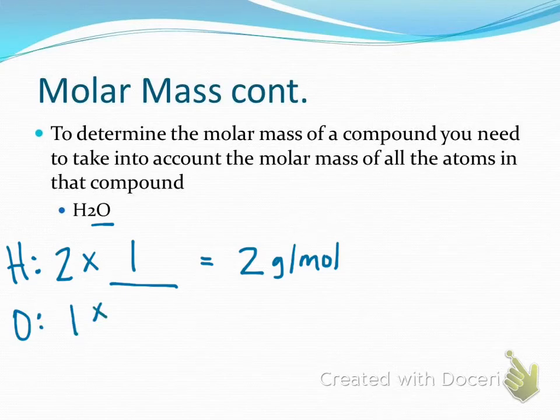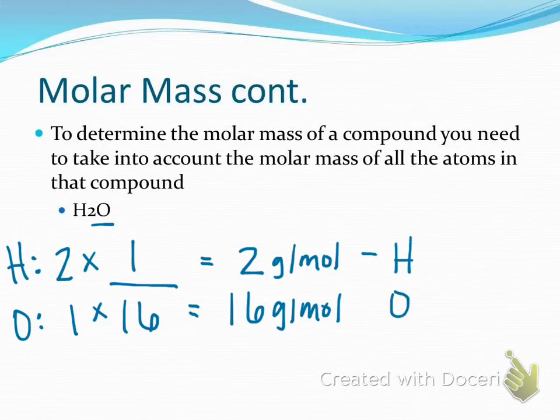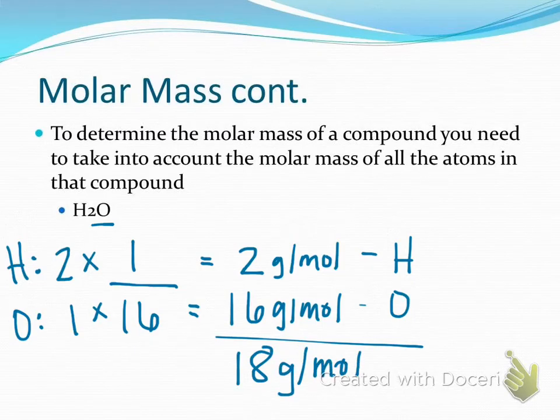And what's the molar mass of oxygen? 16. Okay, which gives us 16 grams per mole. So here's our hydrogen atoms, here's our oxygen atoms. We need to add those together to get the molar mass of the total compound, which gives us a molar mass of 18 grams per mole.